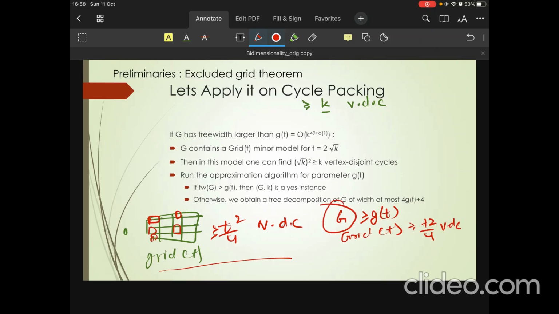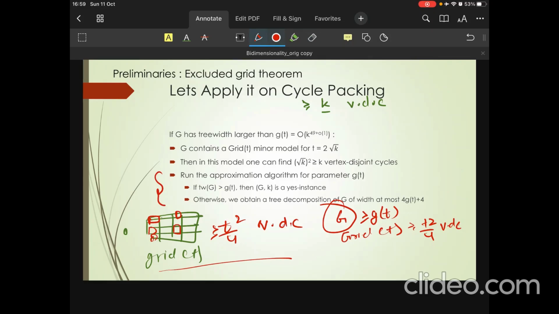Minor closeness tells us that G will also have greater than or equal to t square by 4 vertex disjoint cycles. So if k is less than or equal to t square by 4, then we have a trivial yes instance, because the number of cycles is already more than k.